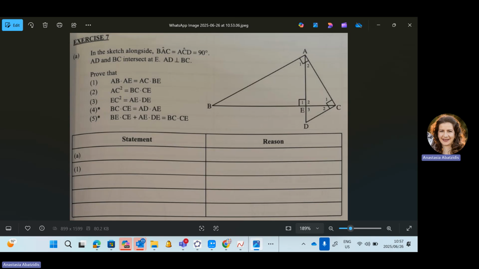So we get BA over BE equals ABC over B, reason: similar triangles, so the sides are in proportion. Now which ones do we want? AB, AE, and AC, BE. So we're going to choose those two.